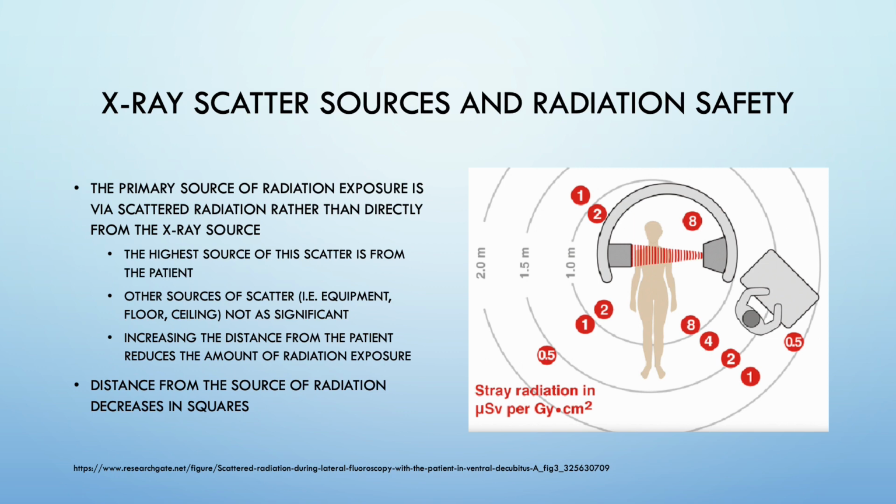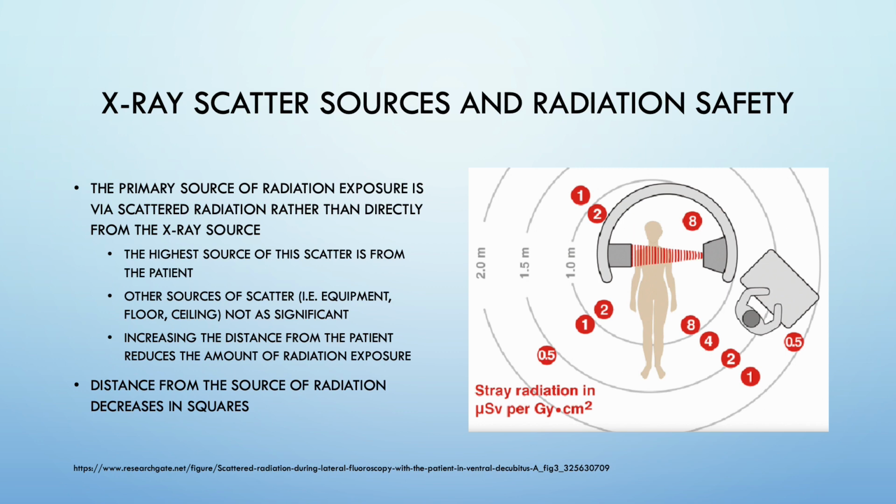Because the radiation is emitted from this source in a directed way toward the patient, we often are not exposed to radiation directly from this source. The majority of the radiation that we see, and the reason that everyone wears lead in the operating room, is from scatter.